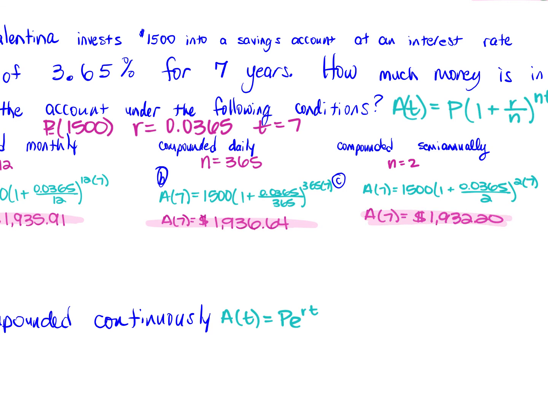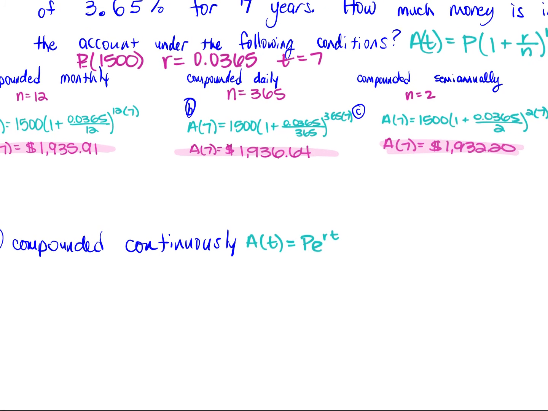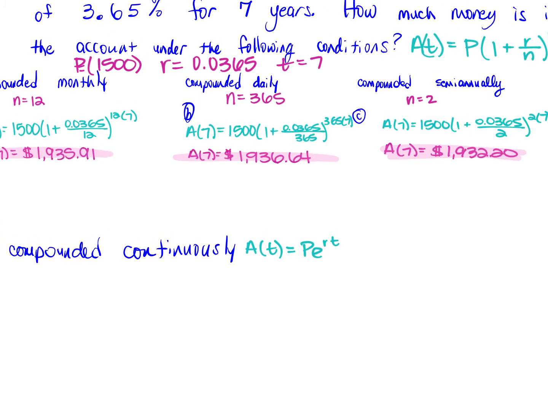Your last one, it tells you that you are compounding continuously, so you're using that Pert formula. A of t is equal to P times e, that's in your calculator, to the power of r times t. We said that P is 1500, r is 0.0365, and t is 7.